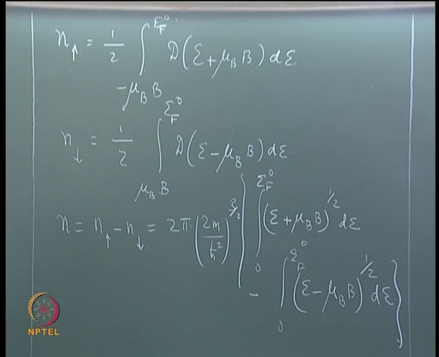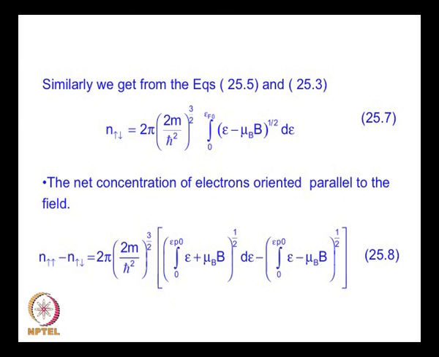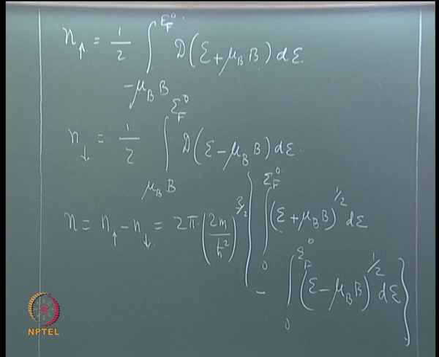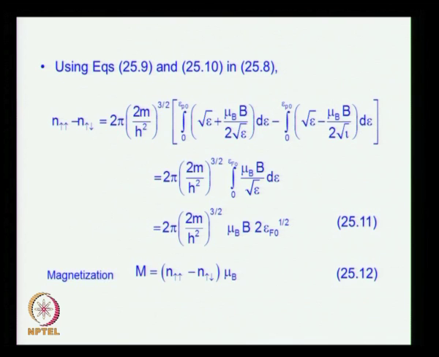So that would be the net difference in concentration, and this can be simplified for small values of the applied magnetic field. We can write this by using the binomial theorem. So, expanding the square root using the binomial theorem, we get this population difference.